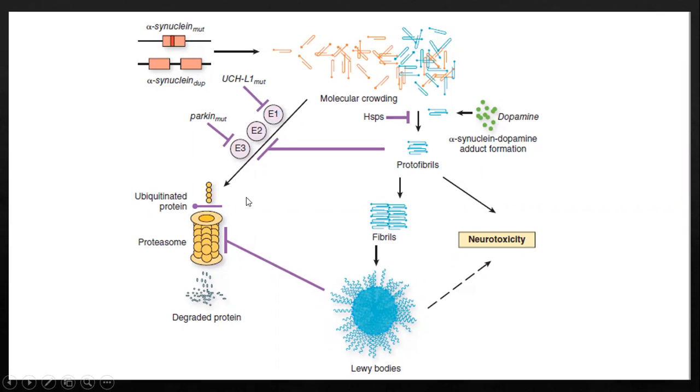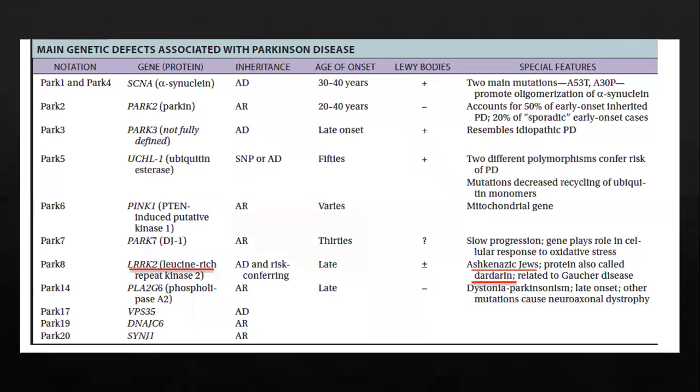There is also ubiquitin protein abnormality. Unwanted proteins are ubiquitinated, and then proteins are inappropriately degraded. All these result in Lewy body formation, and this Lewy body is hypothesized to cause neurotoxicity and the symptoms of PD. So the main genetics which we are going to be seeing are both autosomal dominant and recessive.